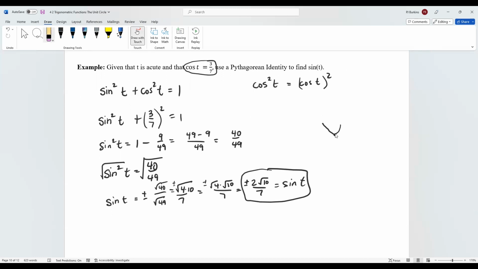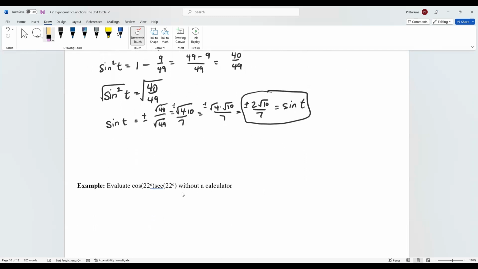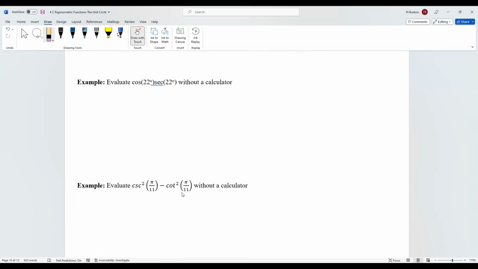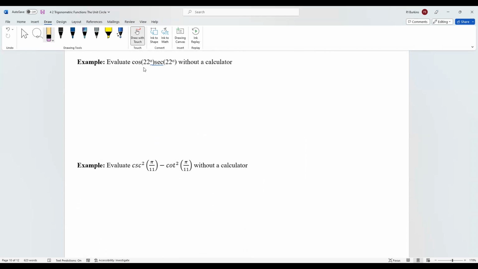All right, so let's go ahead and continue on here. This asks us to evaluate the cosine of 22 times the secant of 22 degrees, without a calculator. So this might look like a daunting task, but there's one thing we can use, which is that secant is related to cosine.